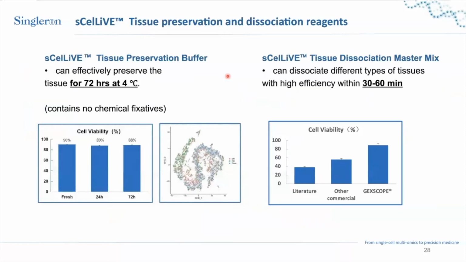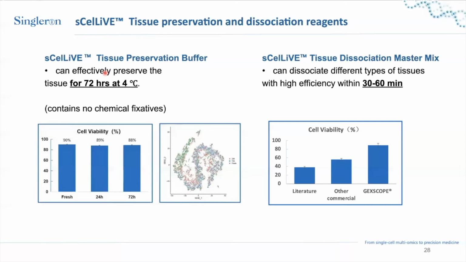To give you a little more detailed information about tissue preservation and dissociation reagents, here we have developed this nice tissue preservation buffer, which can effectively preserve tissue for 72 hours at 4 degrees. If you're collecting samples on multiple days, what usually is the bottleneck for RNA sequencing tissue preparation is that once you take out the tissue, it starts differentiating and expressing certain genes.